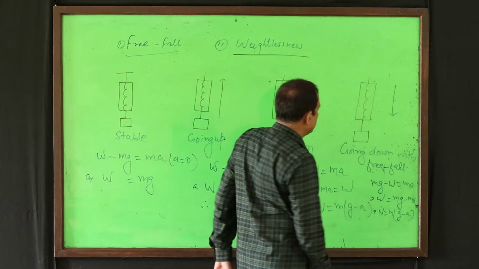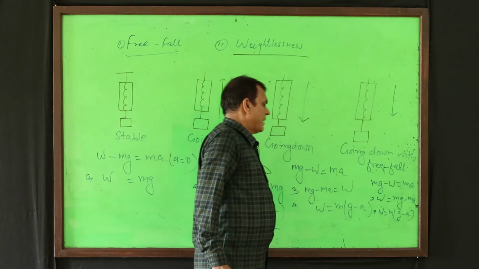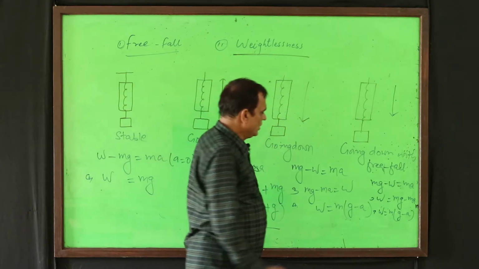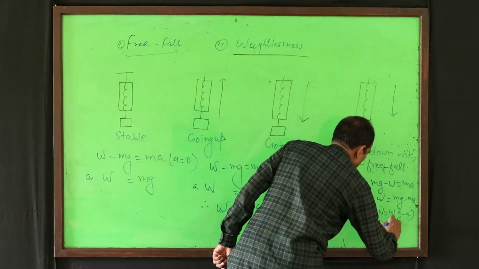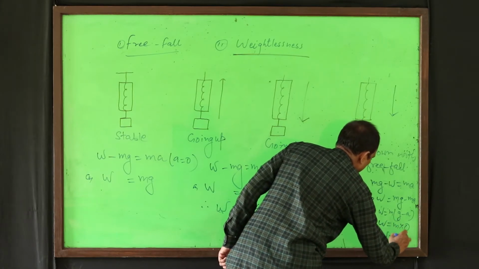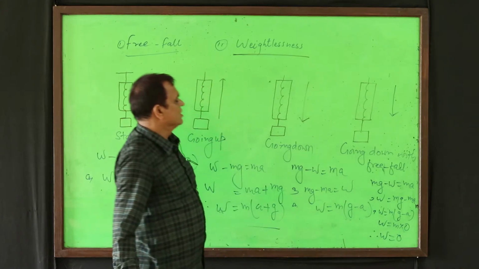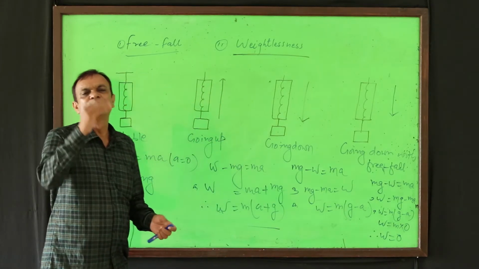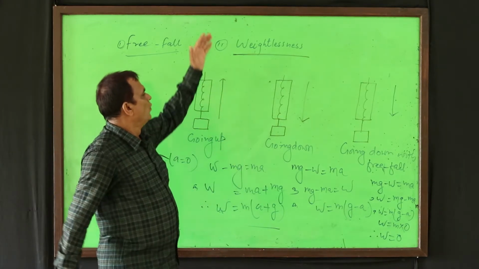In free fall condition, the value of g equal to a. So we get W equal to m into 0, therefore W equal to 0. It means when the body falls freely, at that time the weight of the body becomes 0, that is called weightlessness.